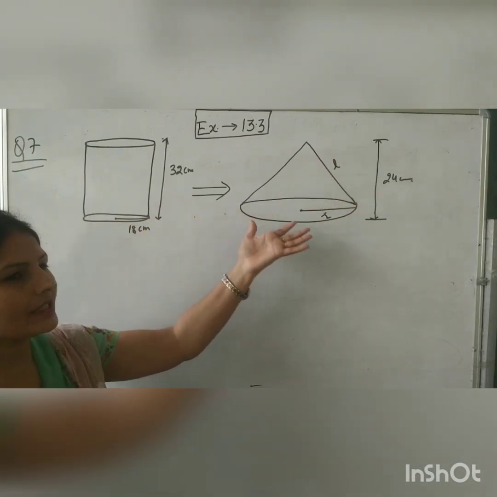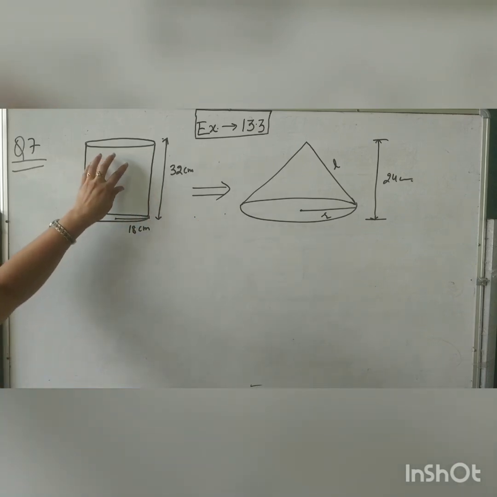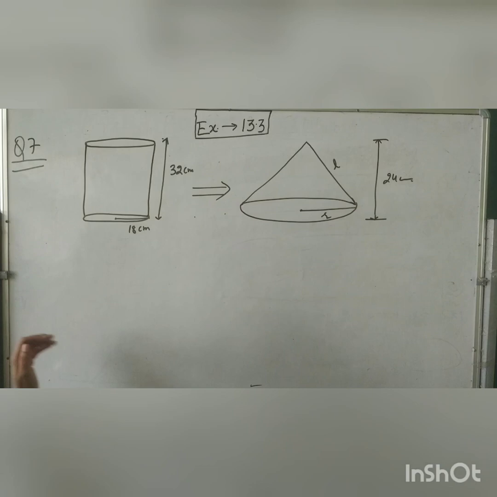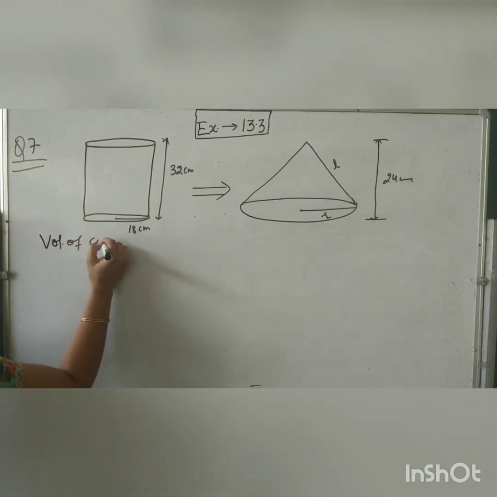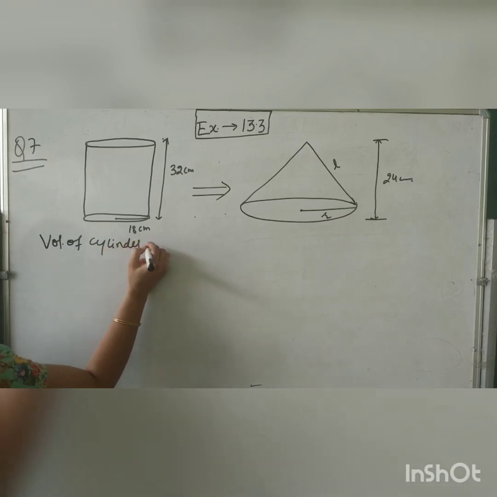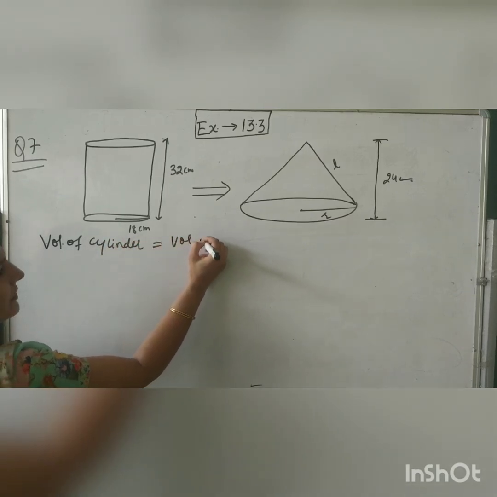Which quantity will be the same in this change? Volume will be the same. Volume of cylinder will be equal to volume of cone. So our equation will be volume of cylinder equals volume of cone.